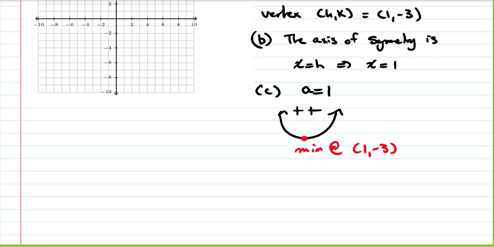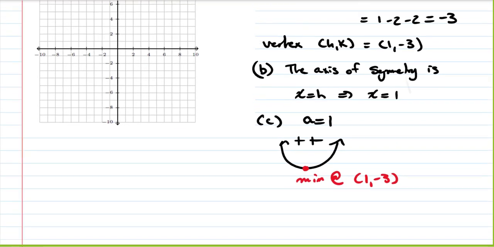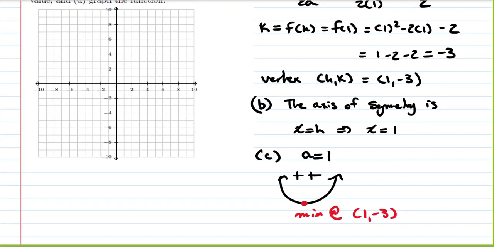So then lastly, part D says we want to graph our function. So we go to our vertex, which we found, which is 1 and negative 3. And then our a value, we know that it opens up, but the a value acts in a way that allows us to find 2 other points on our parabola.